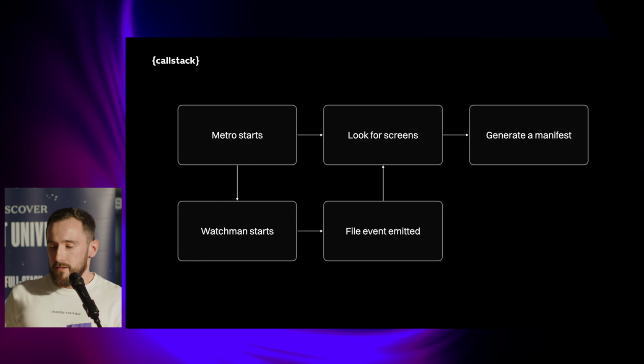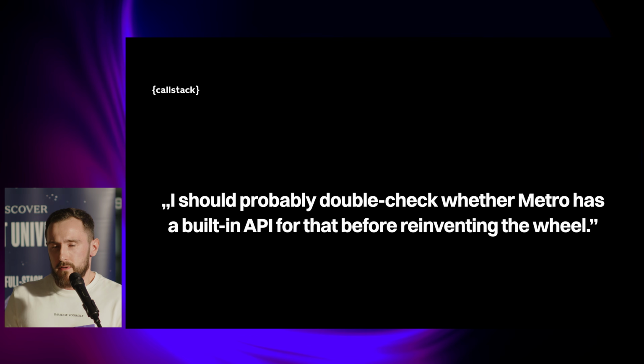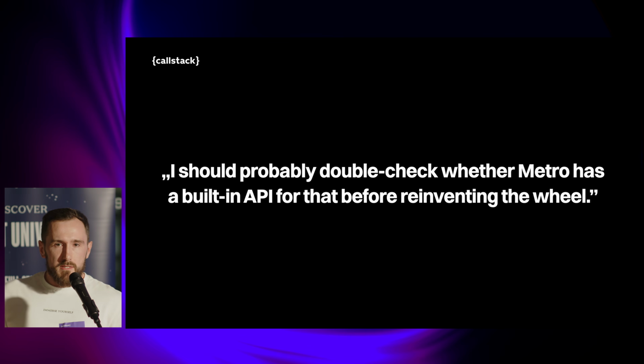There were some issues with it, and at this point I stepped back and started thinking that maybe I'm doing something wrong. Maybe there is some built-in API in Metro that allows me to import modules dynamically without all those shenanigans, without creating custom scripts, running Watchman, creating manifests. Maybe there is something simple to be used.